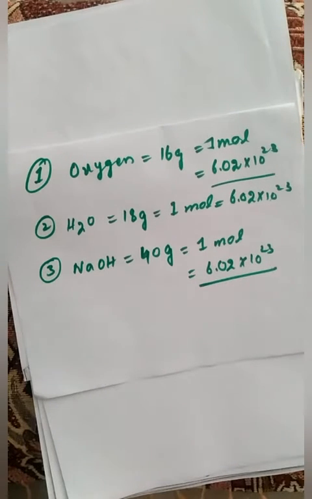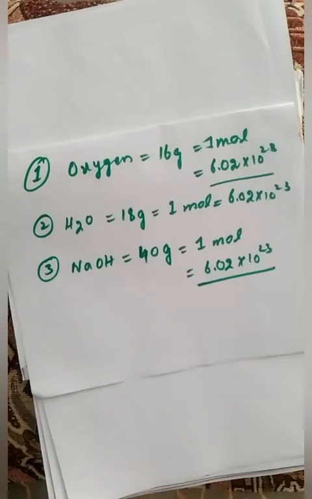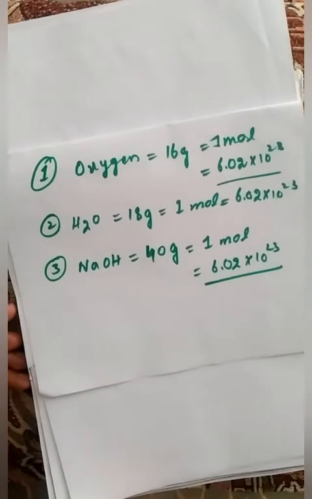Now if we take a formula mass, NaOH, sodium hydroxide, its formula mass is 40 gram. This is equal to 1 mole, and it will also have the same number of particles, Avogadro's number, 6.02 × 10^23.